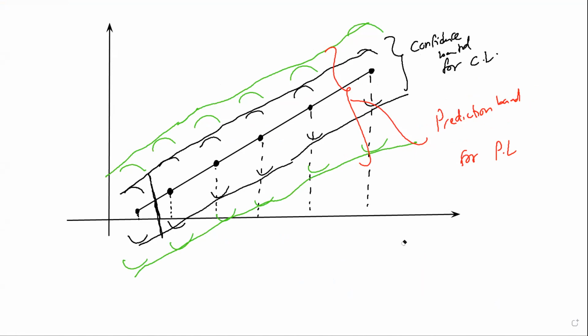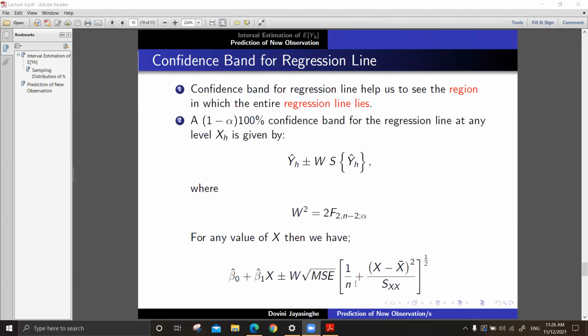So the formula is given for the confidence band, which is drawn for the confidence limit. How did I identify that? By this term. This is how you construct the band.